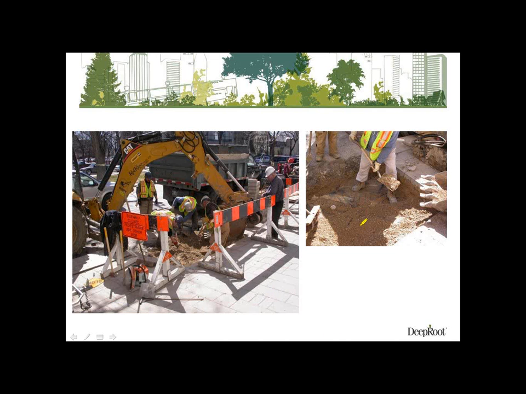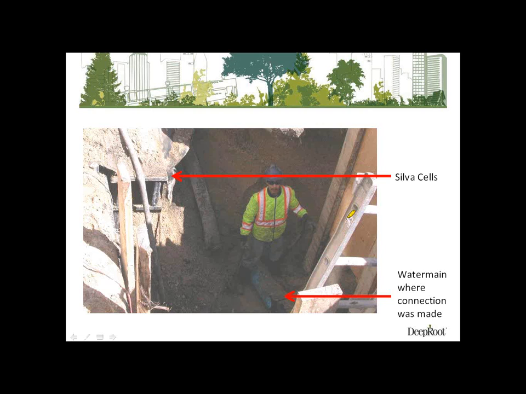You can see they excavated down, and then they scraped off the rest of the aggregate remaining so that they could expose the geotextile fabric, and then they cut that out of their way, exposing the top of the decks. At that point, they excavated through, got their hole opened up. You can see the water main right down here that they're going to connect to. See the remainder of the Silva Cells up here.